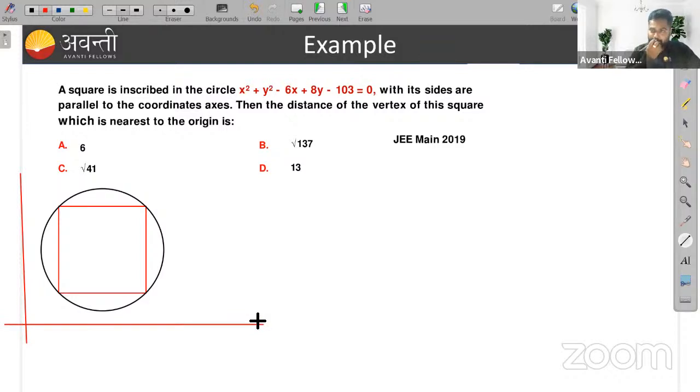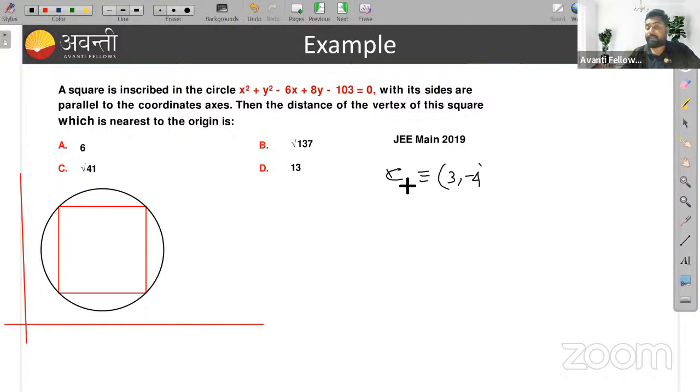Let's solve. What is the center of the circle? For x square plus y square minus 6x plus 8y, the center will be minus g, minus f, that is 3, minus 4.